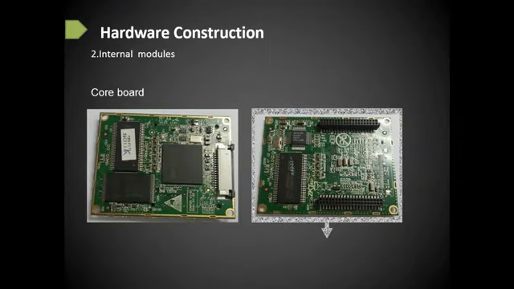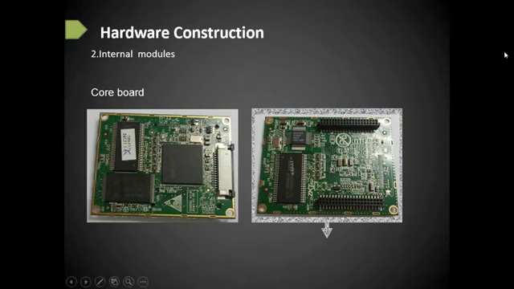So let's view the internal modules. I introduce the most significant component of this device, the core board. The core board is like our brain, giving you the logic calculation, storing your data, and handling the complex calculation.